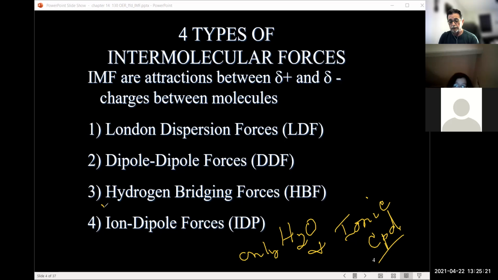So if you look at a question that you may be asked, and they may be talking about sodium chloride dissolved in water, what interaction are you talking about? Well, the only option you have is number 4, because we're talking about ion dipole forces. And to have an ion dipole, you have to have water and you have to have an ionic compound. Okay?